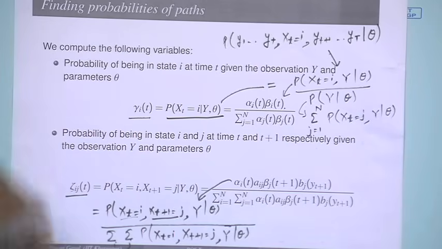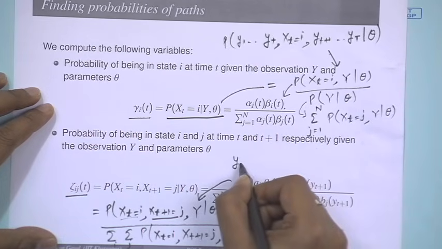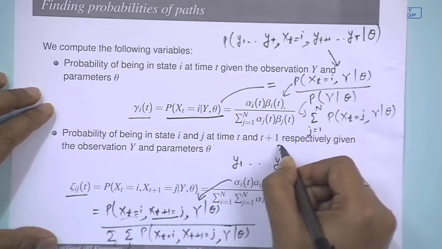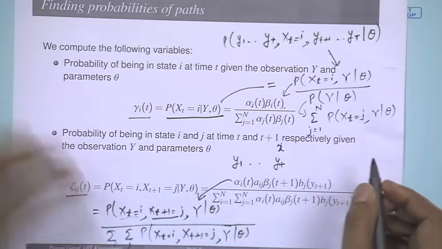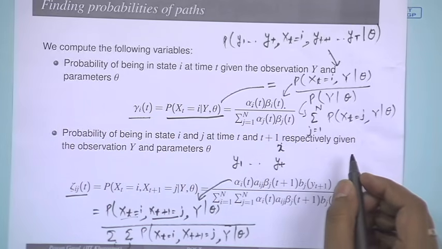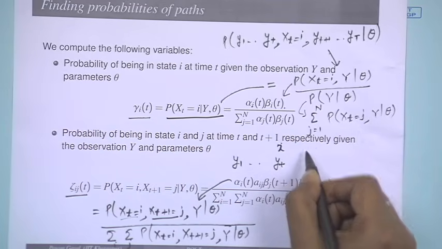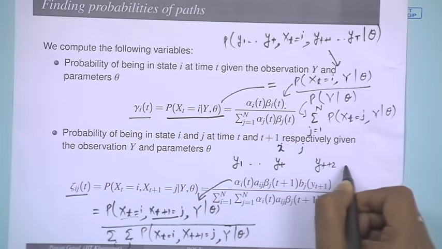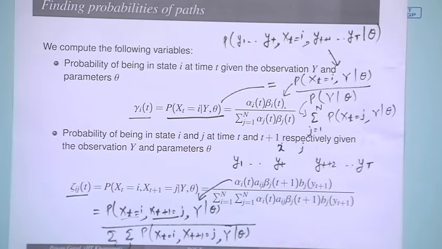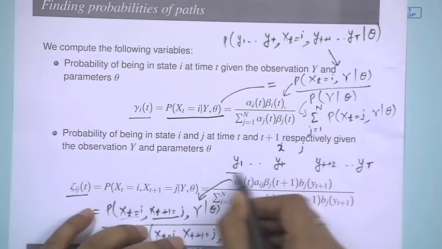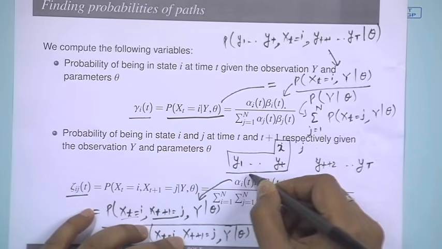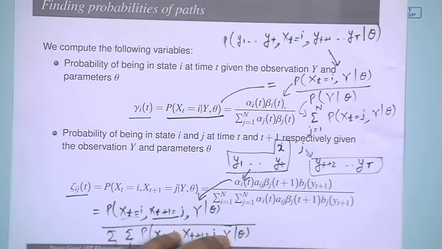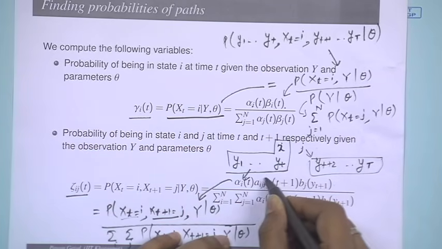What you are actually doing is using the forward procedure from y_1 to y_t, where you also get the state i at time point t, and you use the backward procedure because you are given the state j at time t+1, backward from y_{t+2} up to y_T. This is captured in alpha_i(t), and this is captured, conditioned on j, in beta_j(t+1).